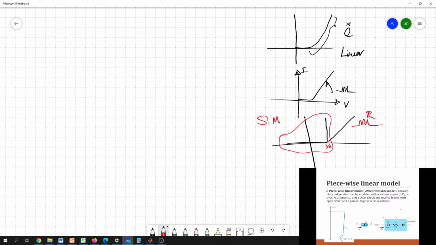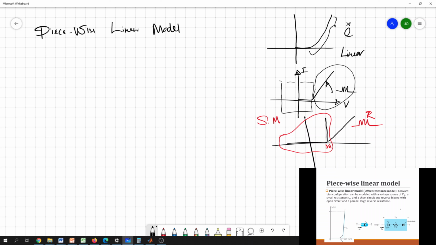So the third one is actually called the piecewise linear model. Piecewise linear means we have to make it into pieces. This is the one piece, and this is the second piece.